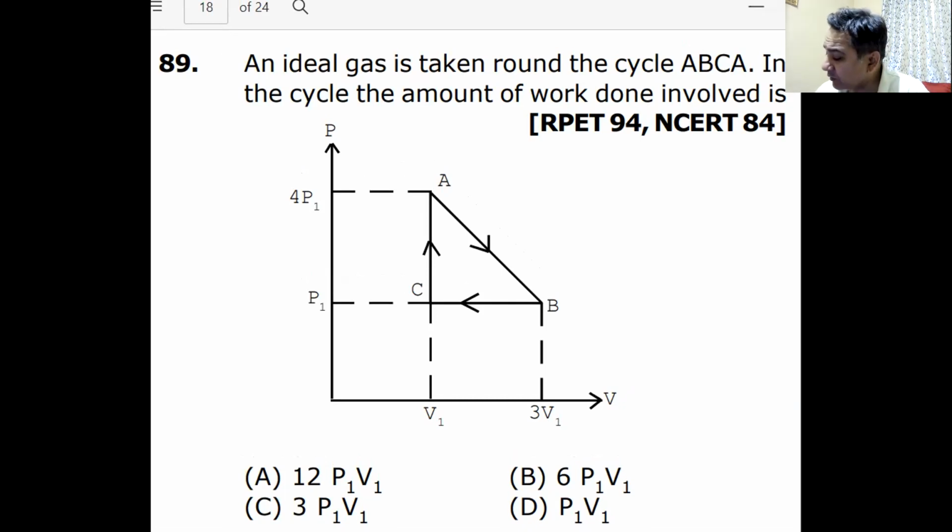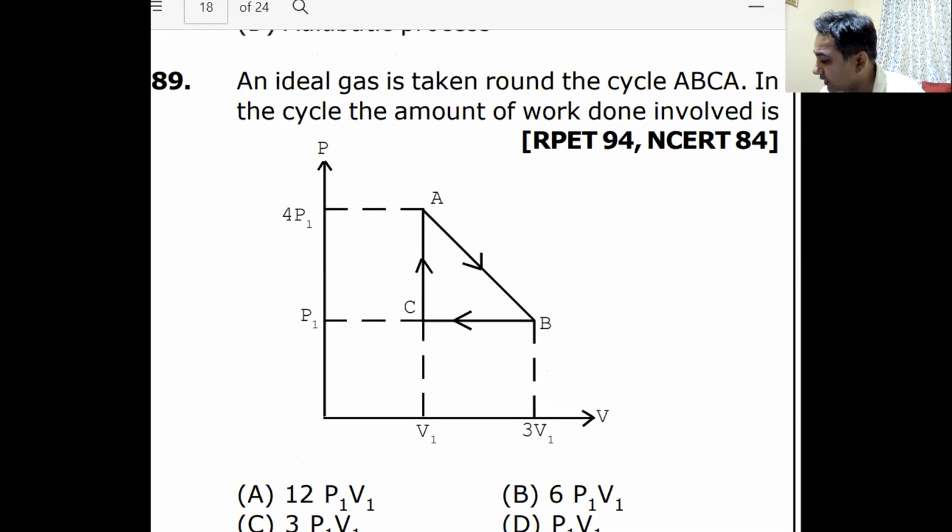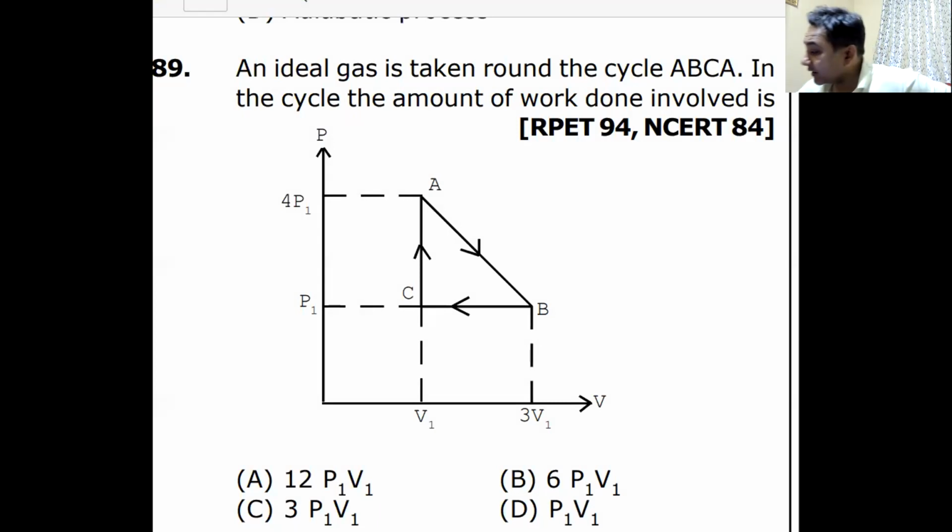Obviously, this work done is positive, because this is a cyclic process and a clockwise process, so the work done is positive. Do we all understand this? Now you have to tell me how much this work done is, and your time starts now. Which one is this?